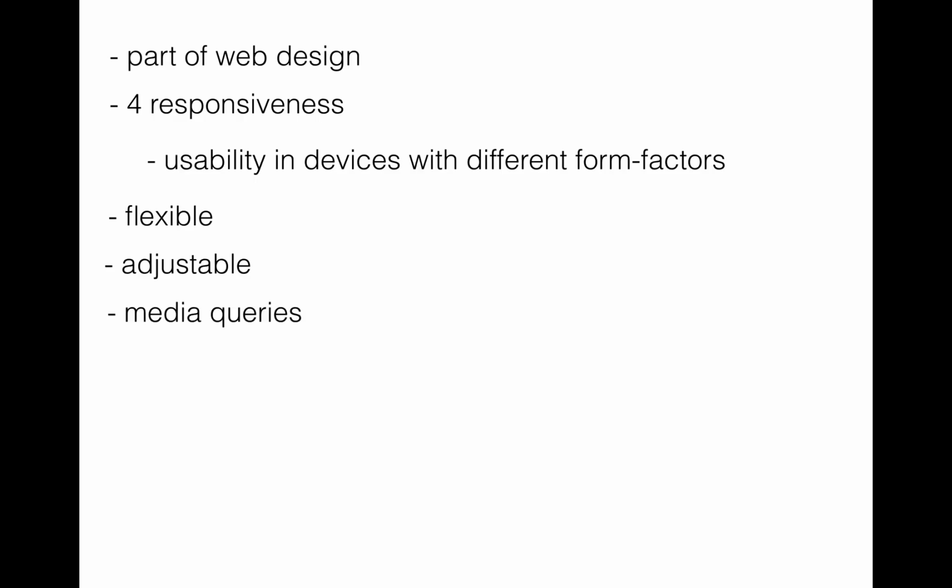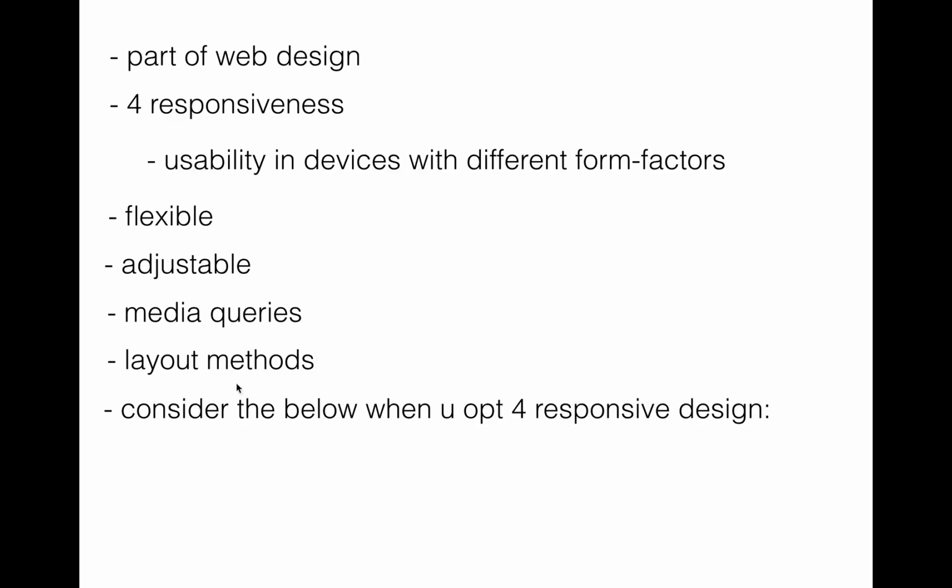Now, to achieve this, we can use media queries and appropriate layout methods so that the contents on the screen of a device change accordingly. So, when we create a responsive design for a website or an application, we need to consider the below points as well.